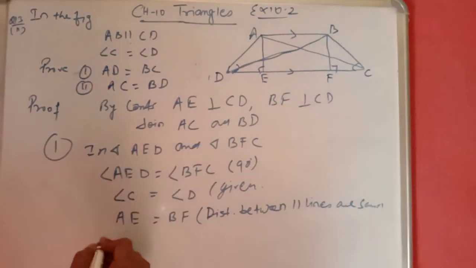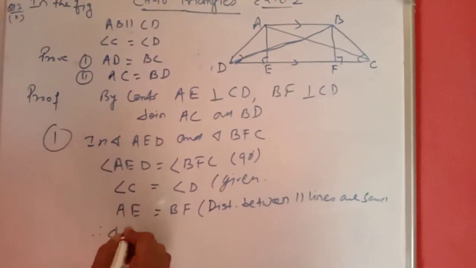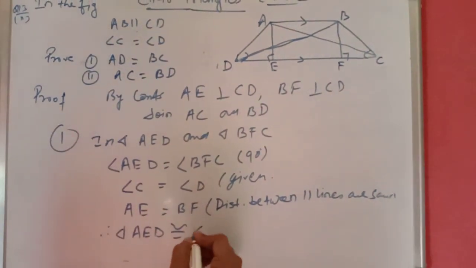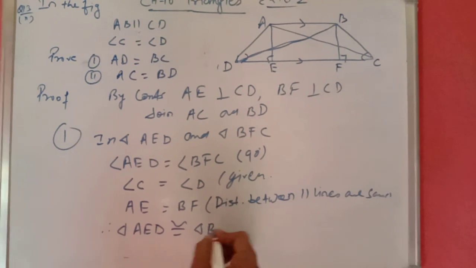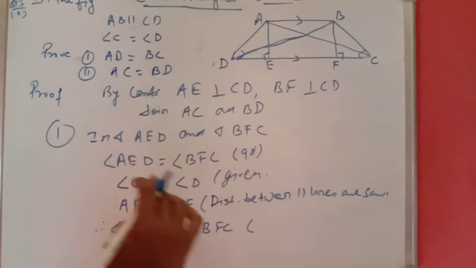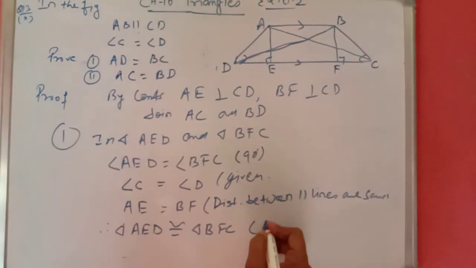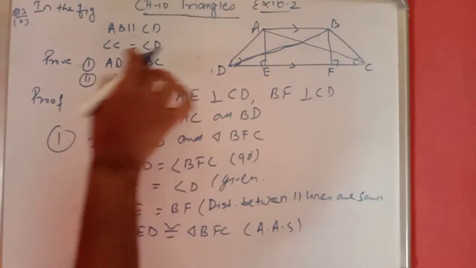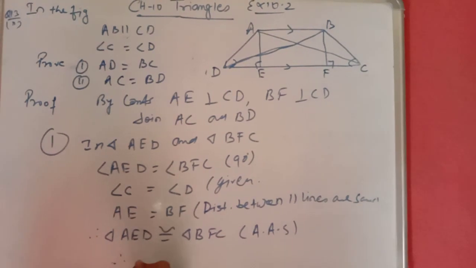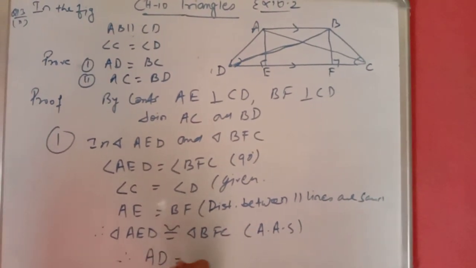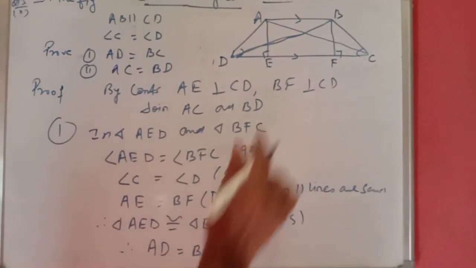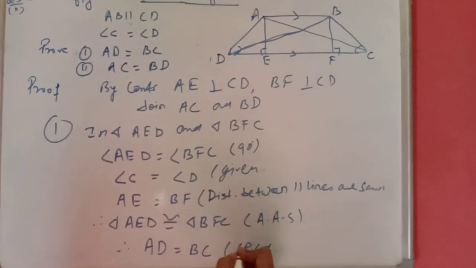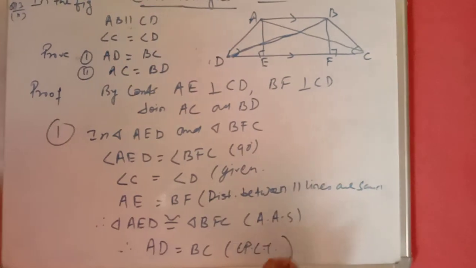Therefore triangle AED is congruent to triangle BFC by the angle side congruency rule. Therefore AD equal to BC by CPCT. This is the first part.